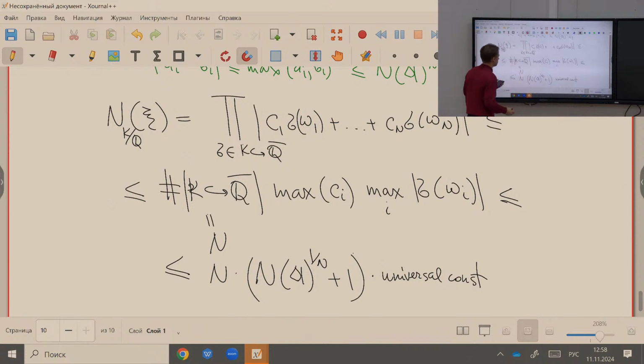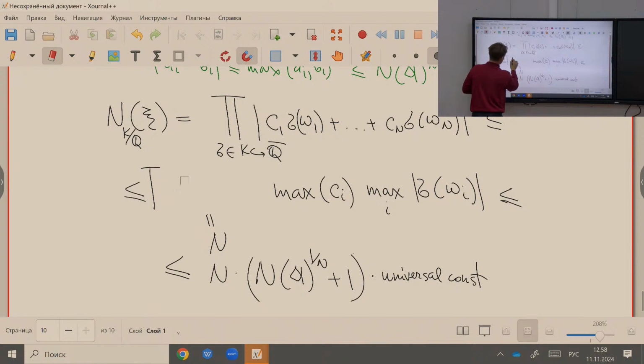And this is a product over all the embeddings. Sorry, this is n and the product over all the embeddings, so there should be the number of elements c_i and the product over all the embeddings.